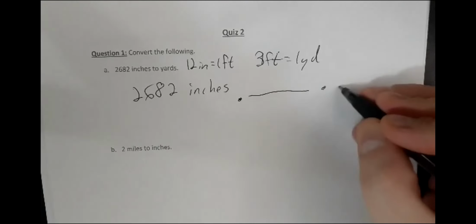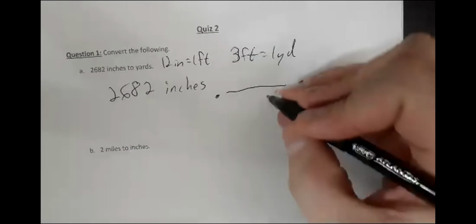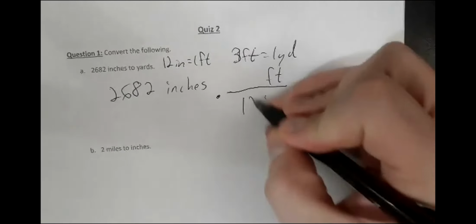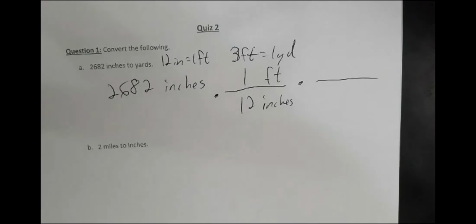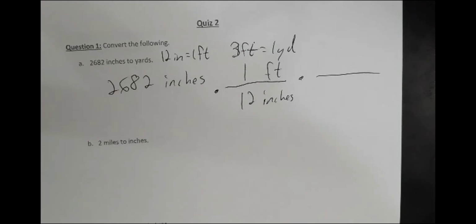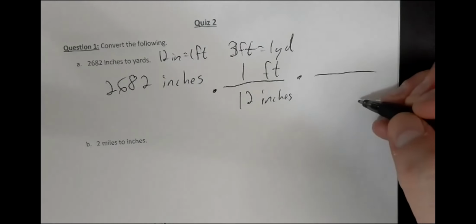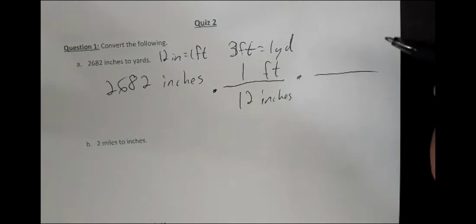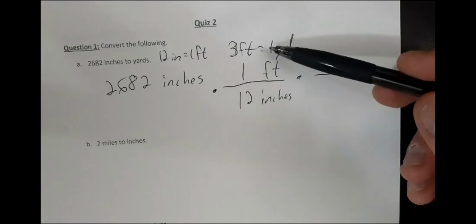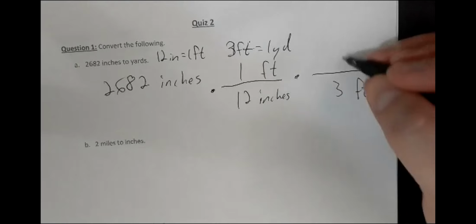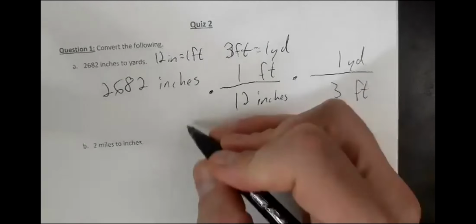Yeah, so I would set up a unit analysis. So if I'm dividing by 12, I think this is what you're trying to say. 12 inches is what I'm dividing by. 1 foot, 12 inches. And what's the other thing I'm going to do? And go feet to yards. Yeah, feet to yards. So I'm also going to end up dividing by feet. So 1 yard is 3 feet.